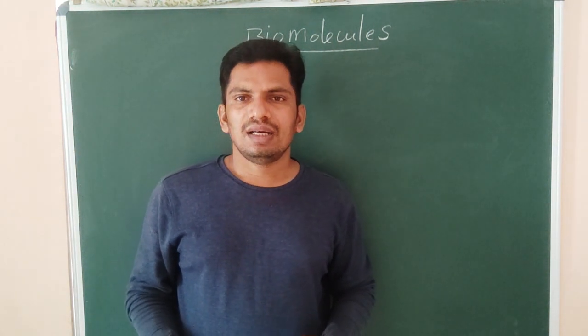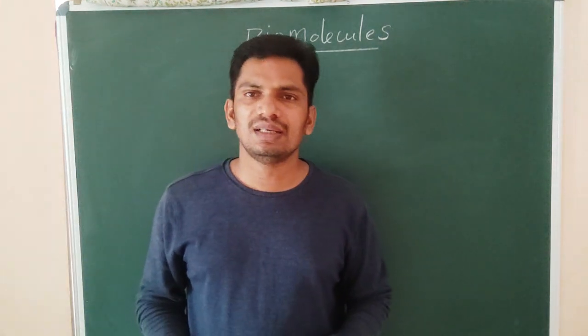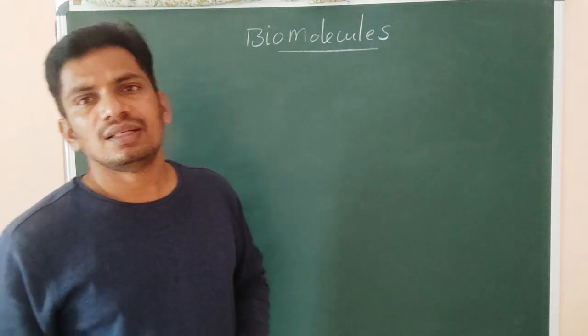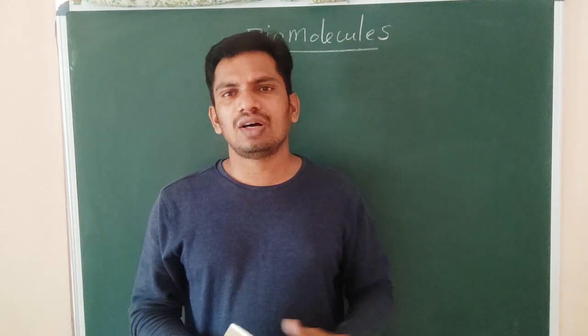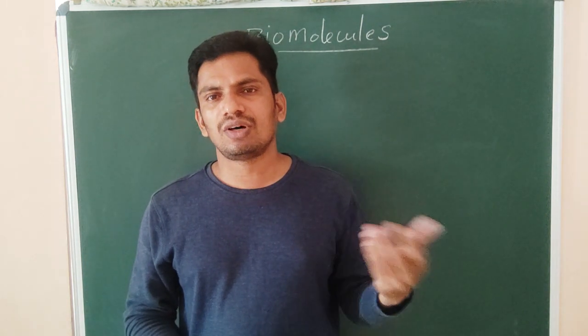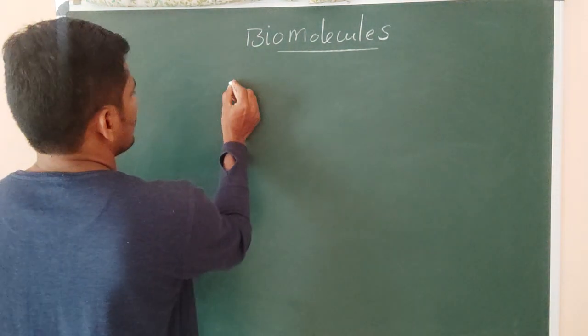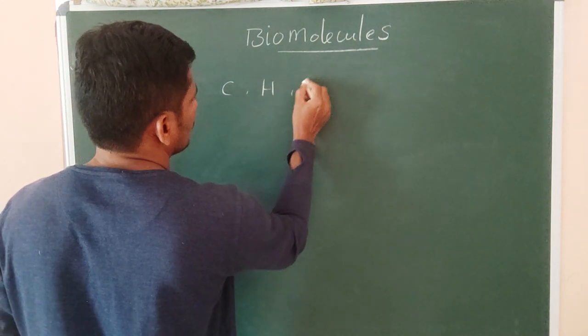Here, any substance containing carbon undergoes the molecules. You know that. If you compare the living tissue with the non-living tissue, what is common? The non-living thing has carbon, hydrogen and oxygen.